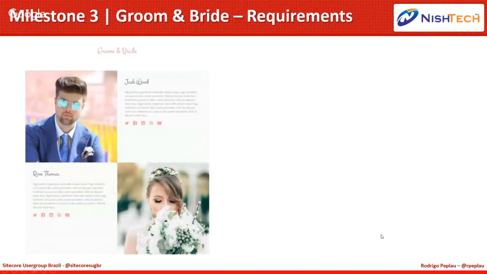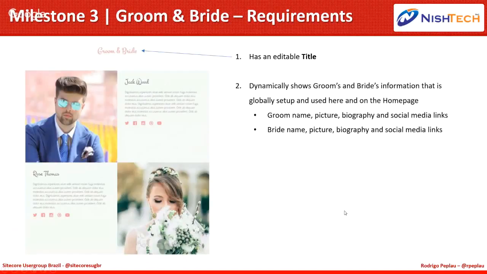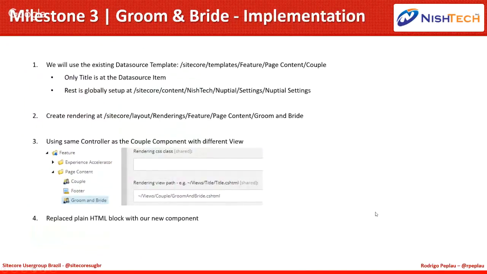And here's the third and last component, Groom and bride. It has a title. Again, it has Groom and bride information. Like I told you before, this info is global and not in the data source and not fancy HTML. Right, we use the data source template.